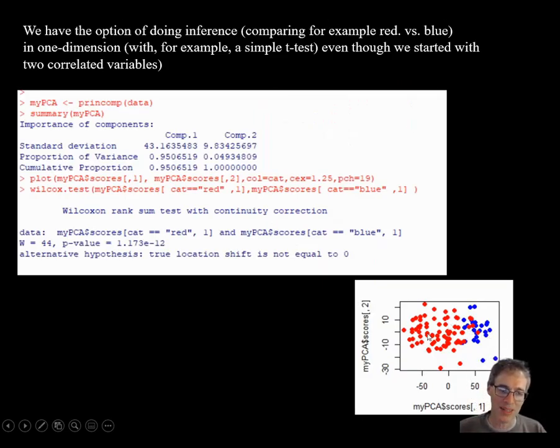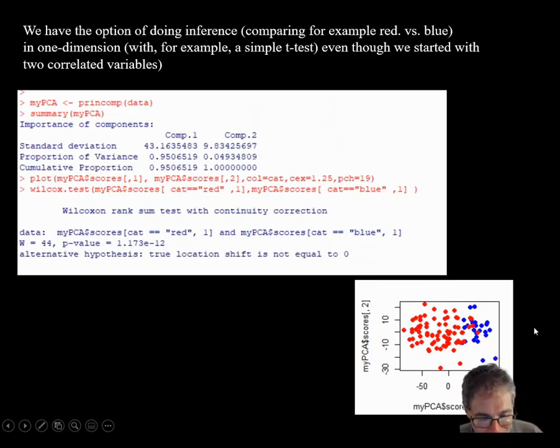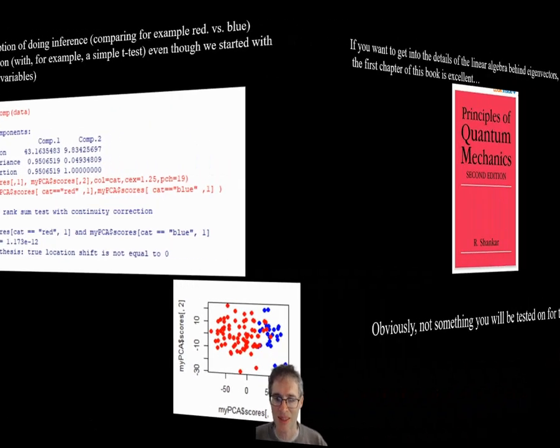I've taken what was a two-dimensional data set and reduced it to a one-dimensional data set. That one-dimensional data set captures 95% of the information that was in the two-dimensional data set. And so when I do inference in this one-dimensional space, I can use the Wilcoxon test, and my Wilcoxon test maintains most of its power because I've explained 95% of the data that was in the original two-dimensional space.